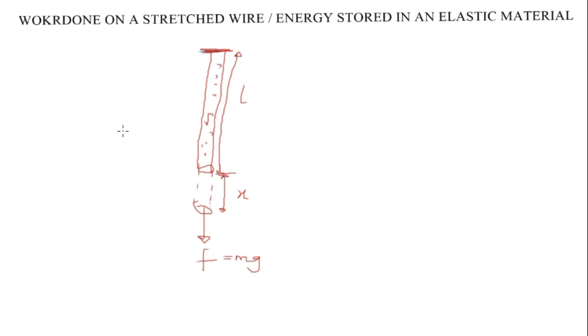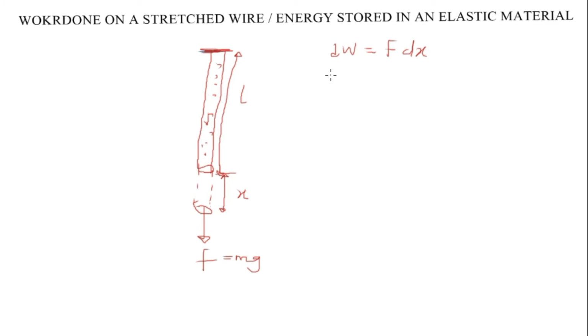Now, the small work that is being done on the material, let's call it dW, which is the product of force through the small distance. This is the force that is being exerted. When you exert the force, it gives birth to the work that is being done, because the force is against the internal restoring force.